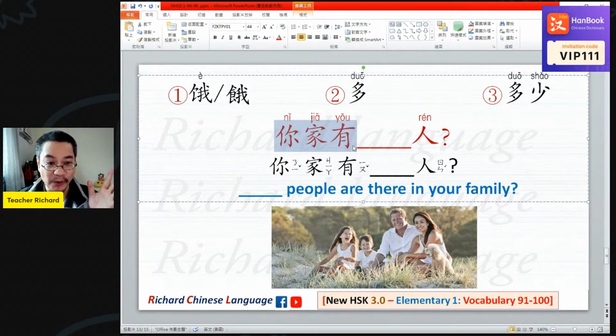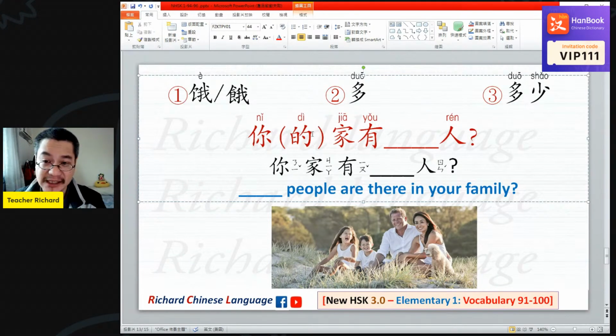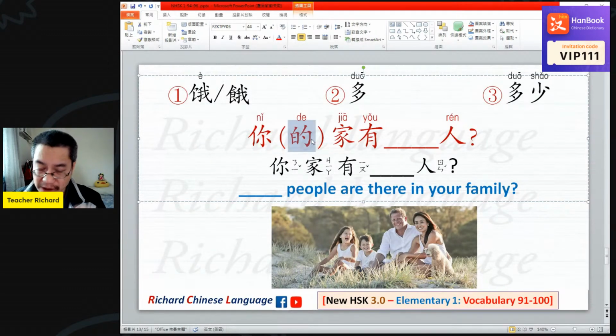你家有人? Whoa, this one is very easy. 你 means you. Actually, 你家 means 你的家. But when you are talking about your family members, close friends, you can omit the 的 here.